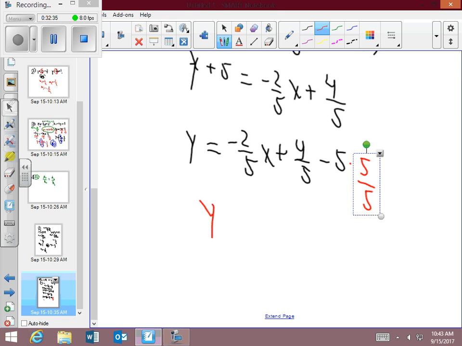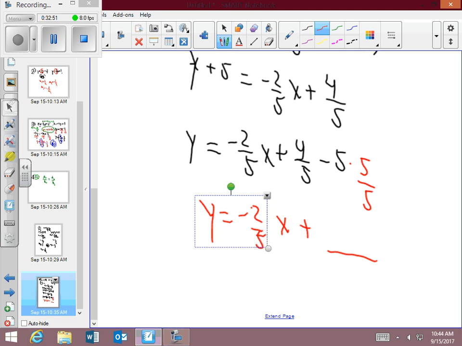And then it's y equals minus 2/5 x plus. And I don't know that it's plus, because you see 5 is in the denominator, right? But in the numerator we would have 4 minus 25, right? And that would be a what?